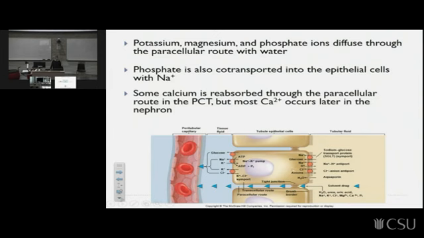This exchange has taken place either through the cell, which is the cellular route, or through the gaps in between the tight junction between the two different epithelial cells, via the paracellular route. Because we've got the exchange of all of these ions necessary for human functioning, they can then be put back into the peritubular capillary waiting around the outside of the convoluted tubules, and then back into the bloodstream to be distributed around the rest of the body.